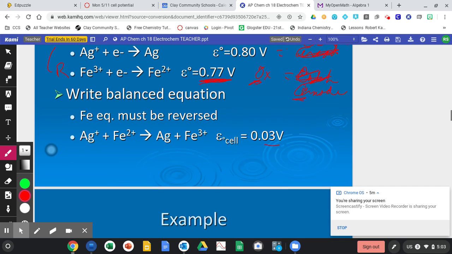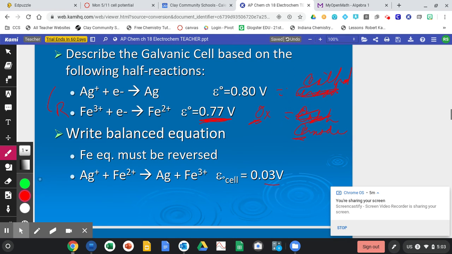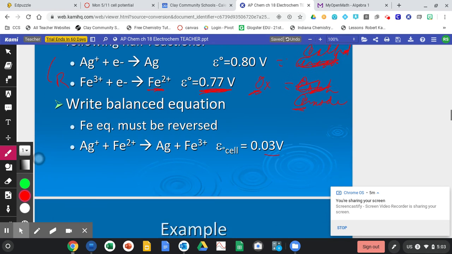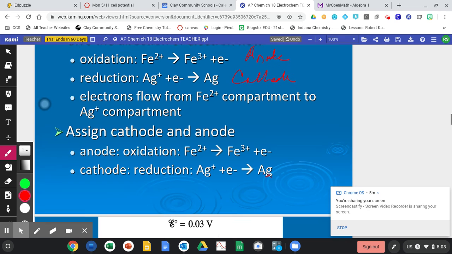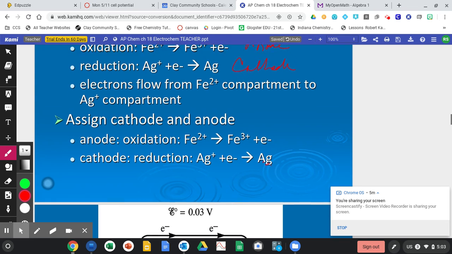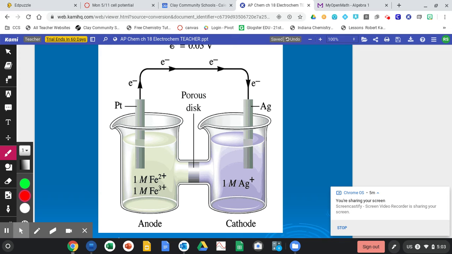So what we're going to do is this: since this one's getting reversed, I am going to start with my anode, which is going to be the reverse of this. So this is what's going to be the first one mentioned. So here's the reaction written. Again, this is the anode. This is the cathode. And when we take a look at this, here's the drawing of it if you were drawing it.